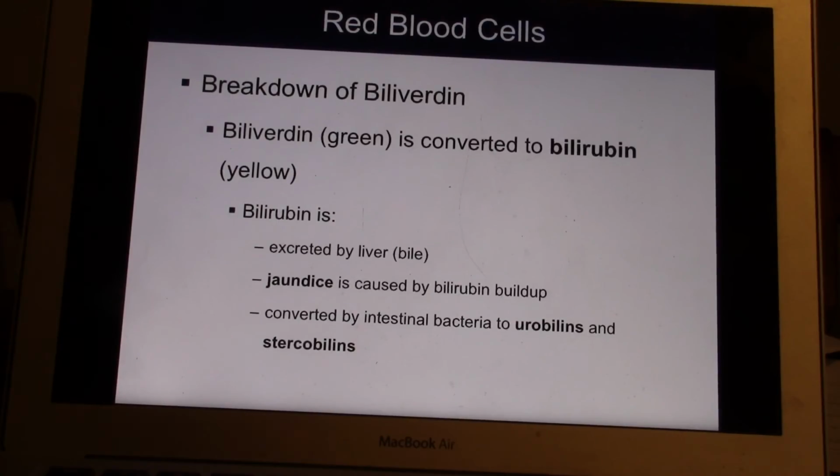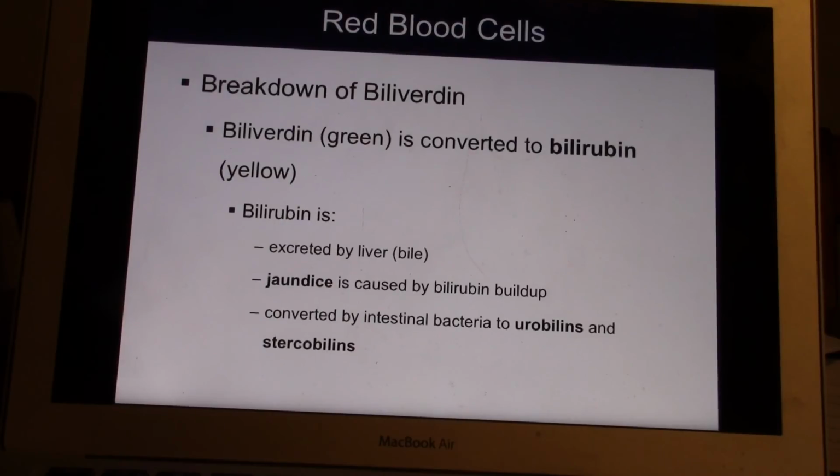If for some reason the system isn't working right, either you're not able to break the bilirubin down, or your body is hemolyzing its blood, for example. It's breaking down so much blood that you just can't break it down fast enough, then you get yellow. That's called jaundice. Jaundice is caused by a backup of bilirubin, basically, in your body.